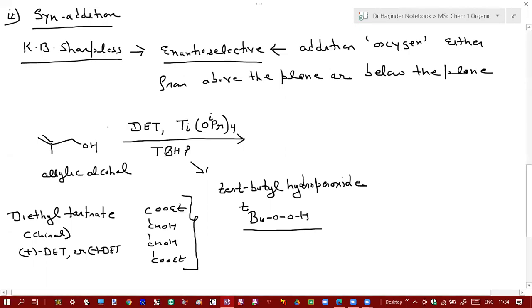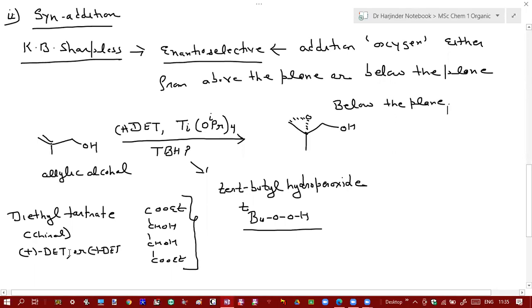So if you use plus diethyl tartrate, in that case the addition of oxygen takes place below the plane. So oxygen is added from below the plane.